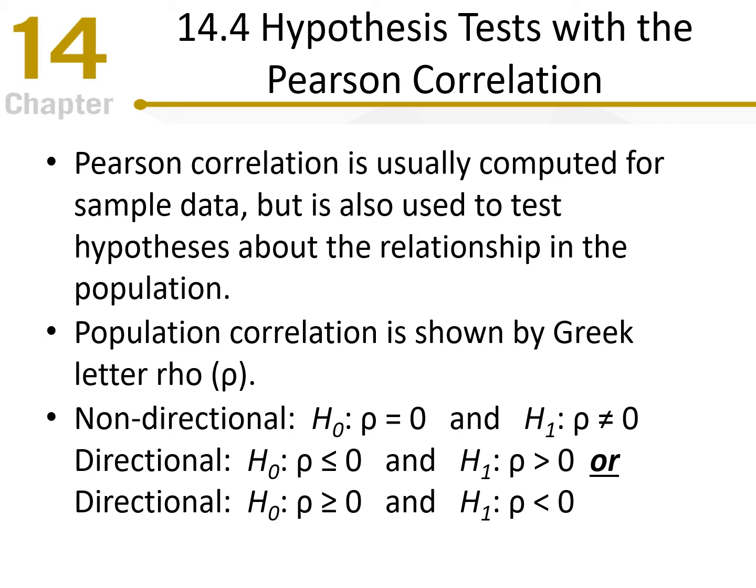We are always, because everybody does this, testing against the null hypothesis of 0. So under the null hypothesis, there is no correlation in the population. That's H0, so rho equals 0. The alternative says that rho does not equal 0. And if you have a directional hypothesis, you can. But to be honest with you, no one does a directional hypothesis for correlation. It's never used.